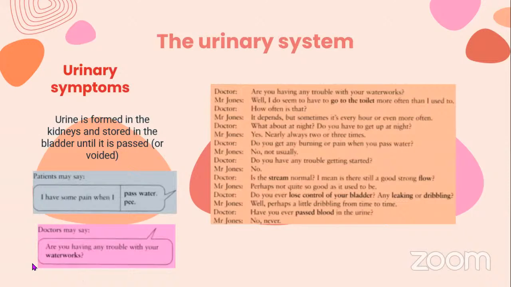Valeria, can you read this part with Jethro? That dialogue, conversation. The conversation. Okay. The urinary system. Doctor, are you having any trouble with your waterworks? Mr. Jones, well, I do seem to have to go to the toilet more often than I used to.